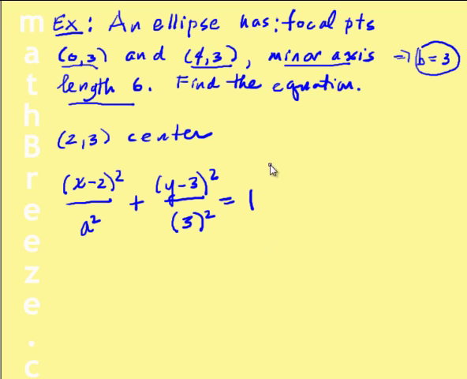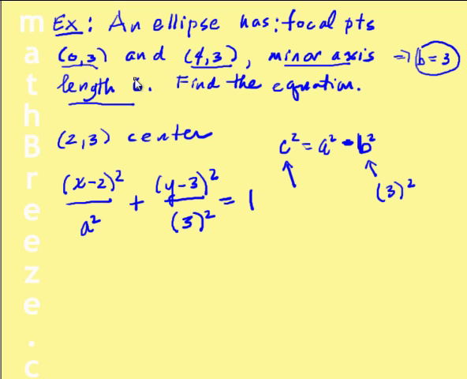Well, we have this little formula, c squared equals a squared minus b squared. And we know b squared, that's 3 squared. Now c is the distance from the center to the focal points.